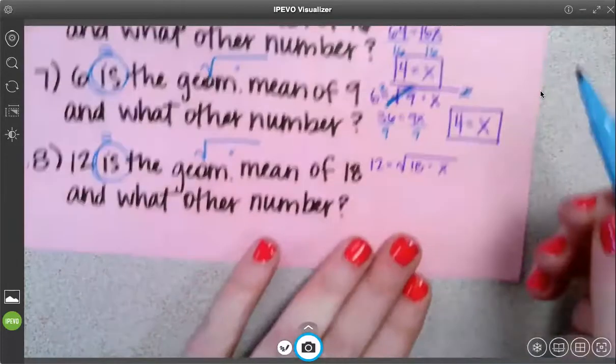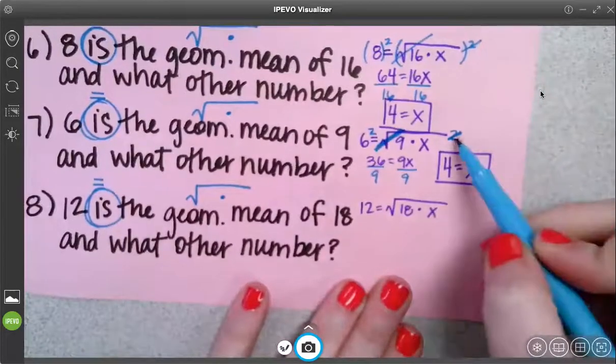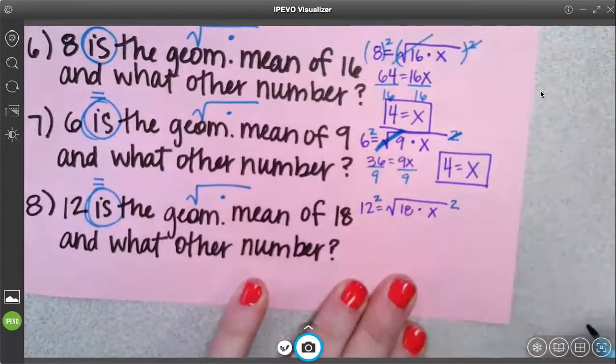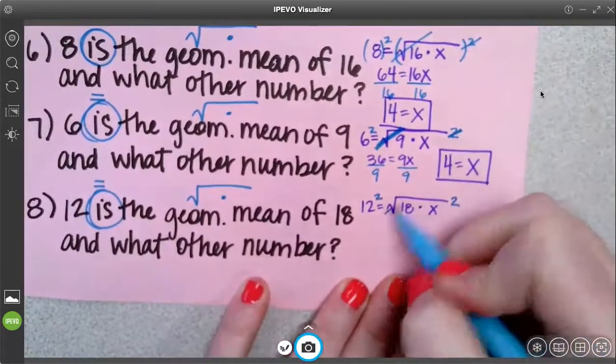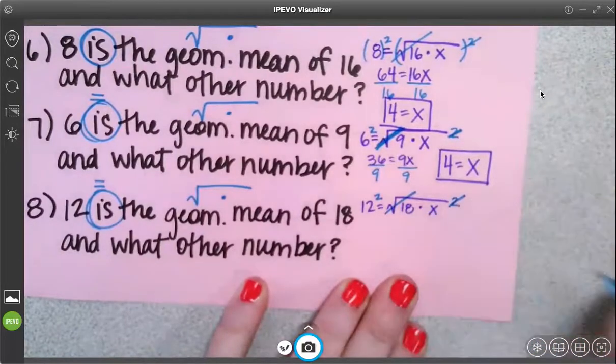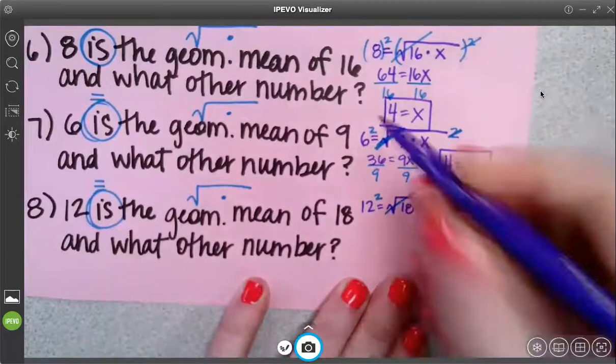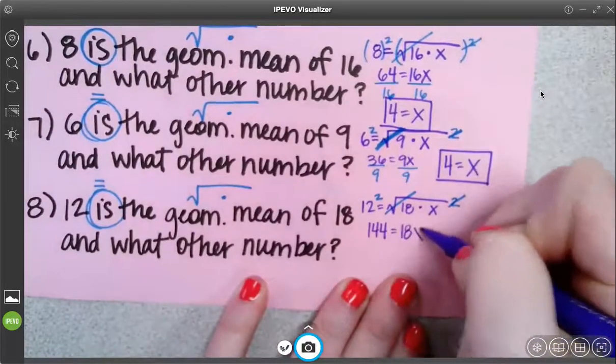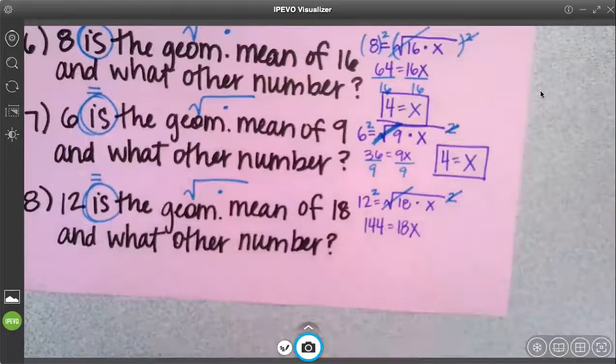Okay, so if you looked up at your previous examples, I hope you saw that we squared both sides. It's important to square both sides because the square and the square root are going to cancel. 12 squared is 144, and that now equals 18x.